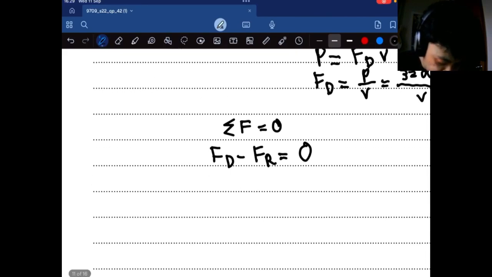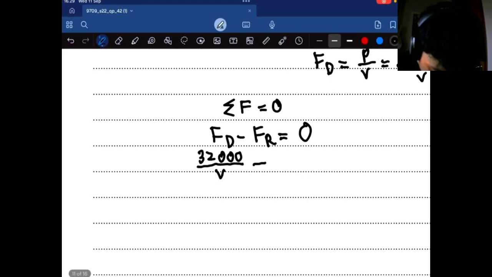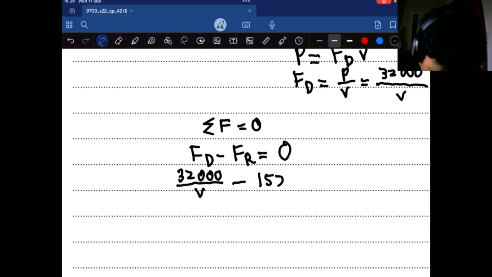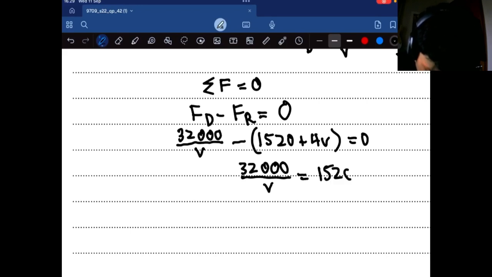So now we can just input the values: 32,000 over V minus 1,520 plus 4V equals 0. Now we can move the resistive force to the right, so it's going to be 32,000 over V equals 1,520 plus 4V.